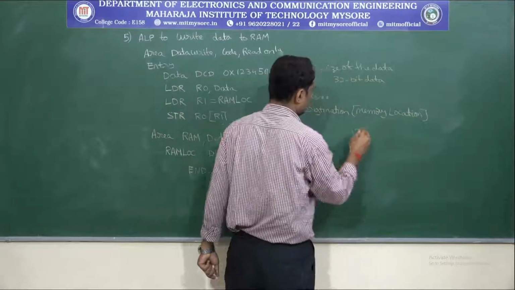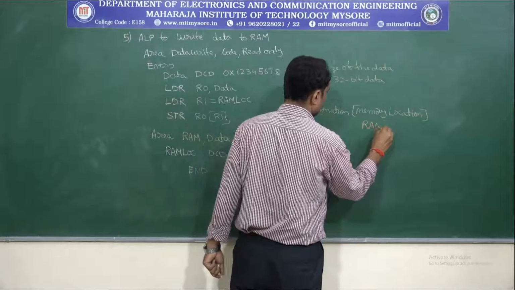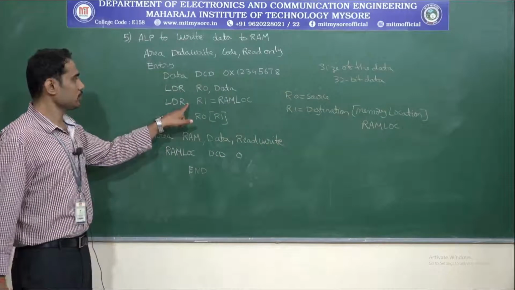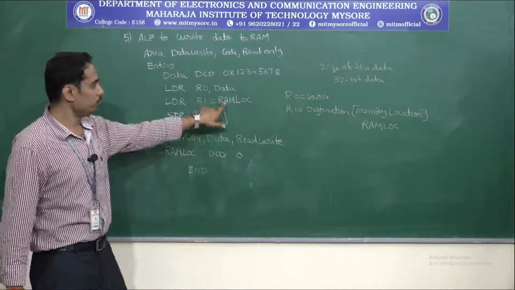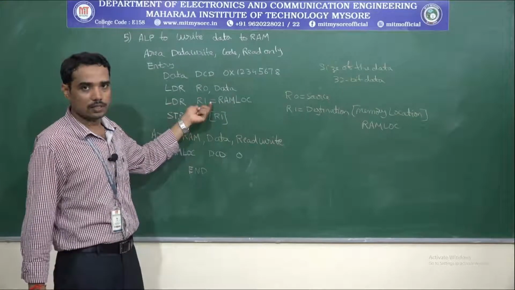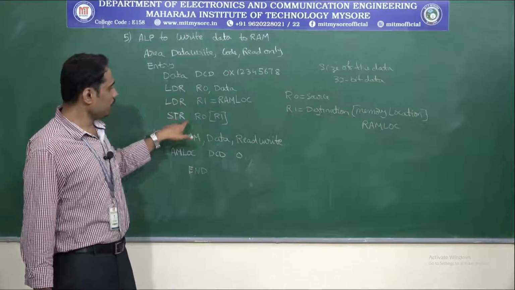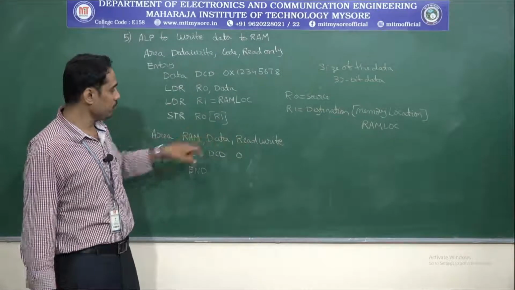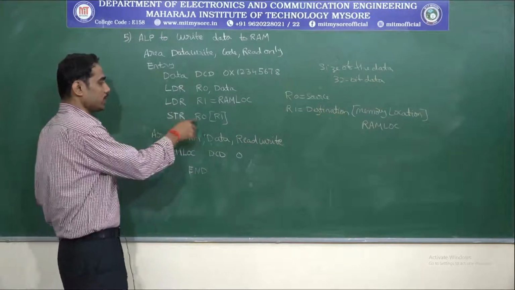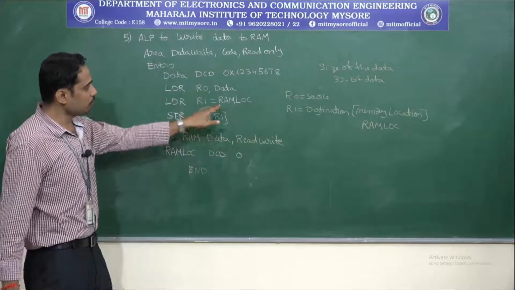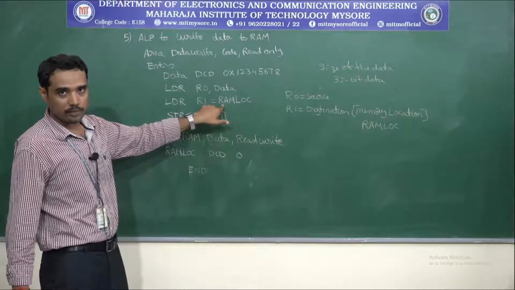In other words, we can call it the variable RAM location. LDR R1 is equal to RAM location. The variable is RAM location, that is given with respect to the register R1. STR R0, content of R1. That means we are going to write the contents of R0 into R1 with respect to the variable RAM location.